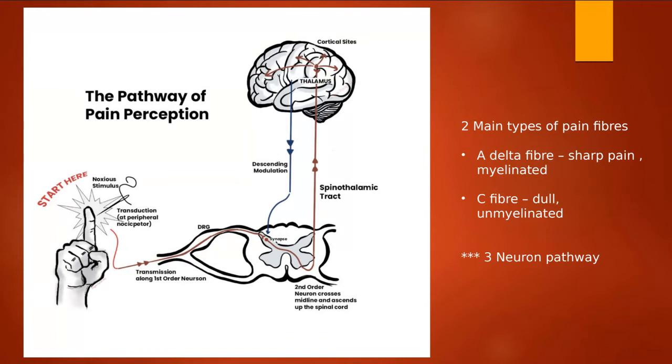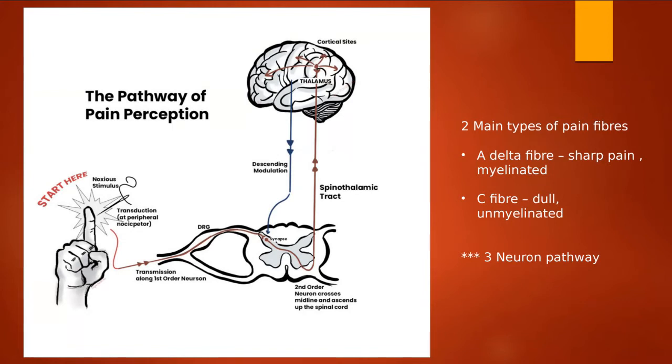And as soon as it exceeds this threshold, you've got your action potential being triggered and propagating. And so with the pain pathway, what you need to understand is that it's a 3-neuron pathway, meaning that there are 3 neurons taking part in this whole transmission of pain.